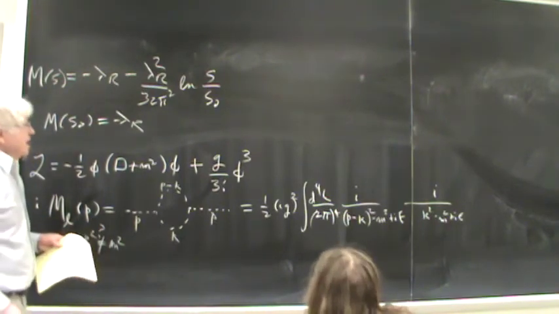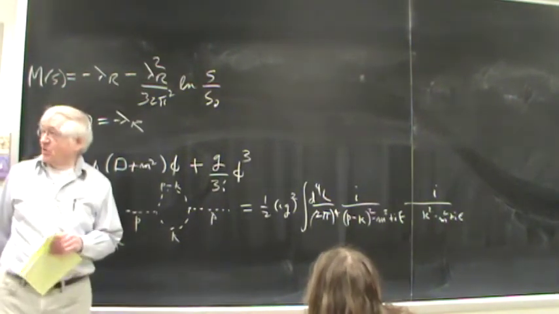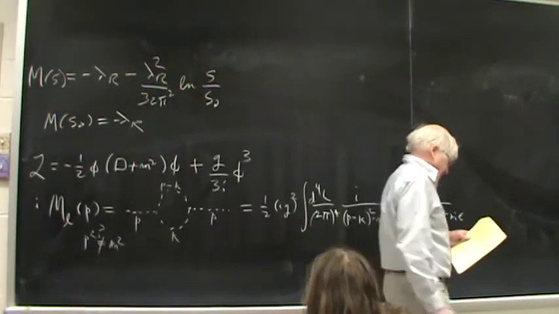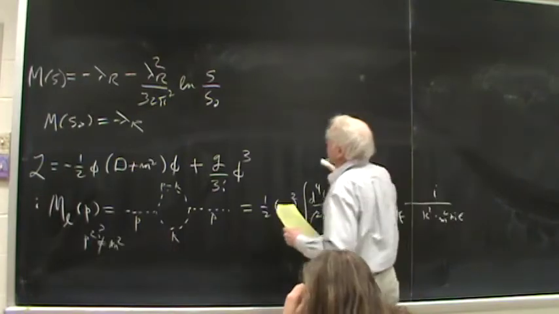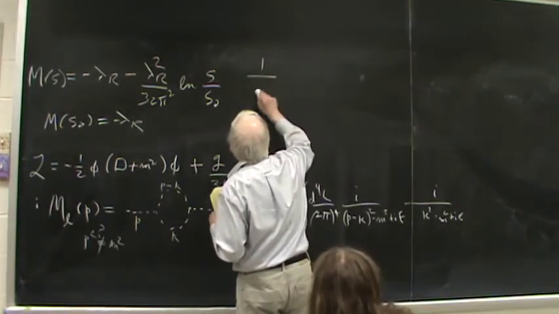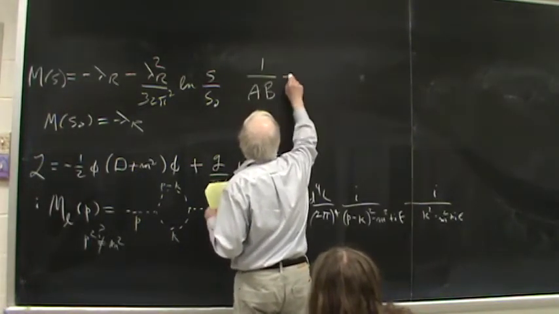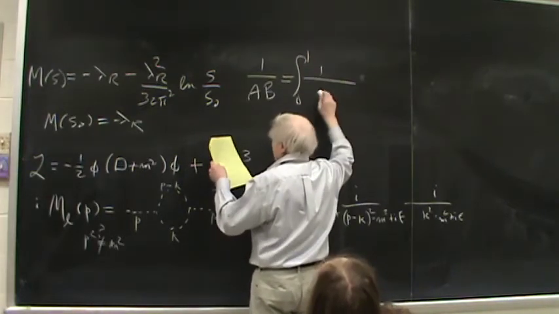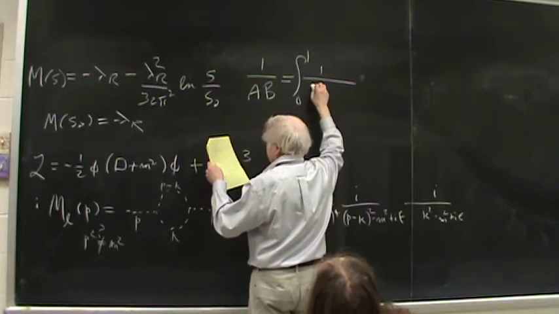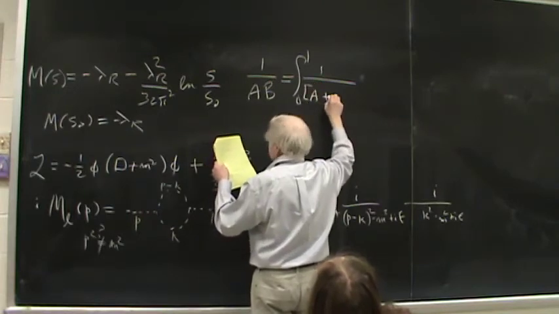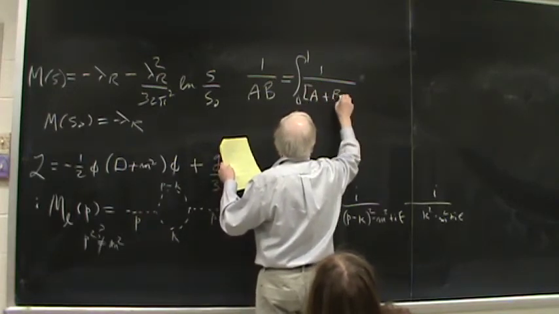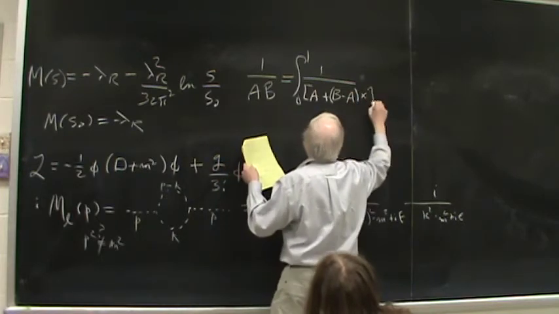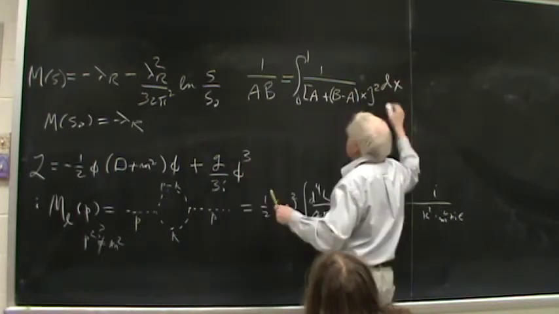Okay. Now, Feynman called one of his many identities a trick. And the trick is that 1 over AB is the integral from 0 to 1 of dx over [A plus (B minus A) x] squared.